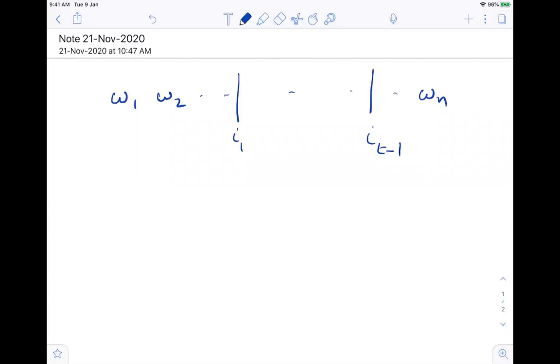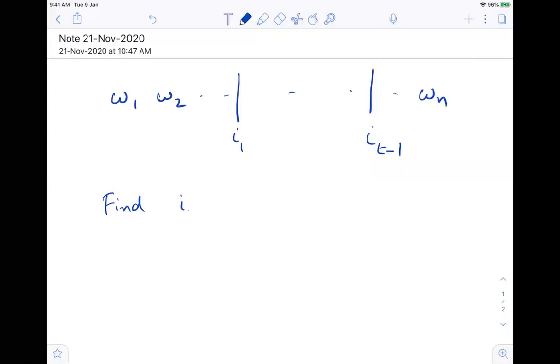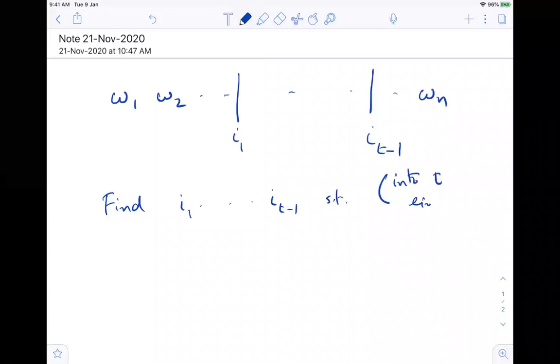Your goal is to find i_1 to i_{t-1}, assuming you want to split into t lines, such that, you can think of it this way.